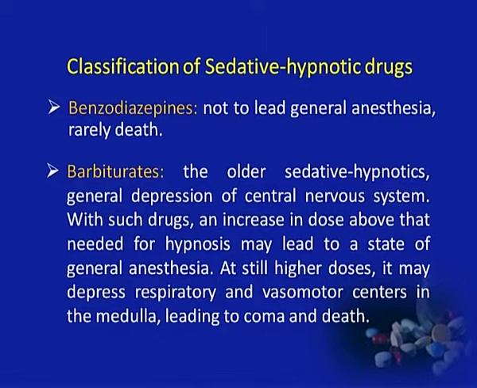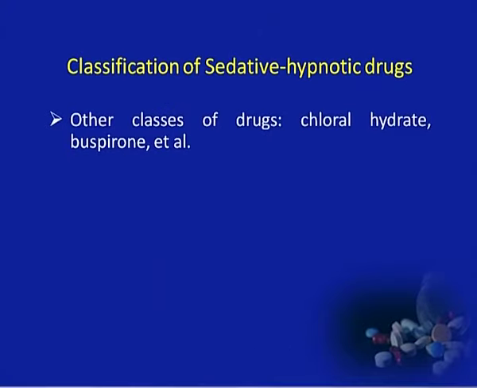With such drugs, an increase in dose above that needed for hypnosis may lead to a state of general anesthesia. At still higher doses, it may cause depressed respiratory and vasomotor centers in the medulla, leading to coma and death. The other classes of drugs are chloral hydrate, buspirone, etc.